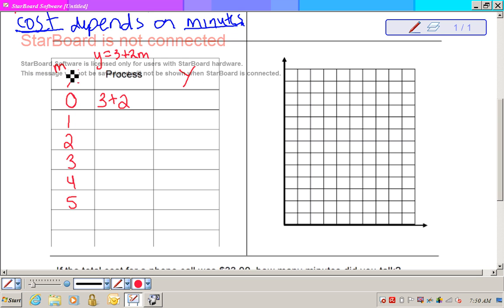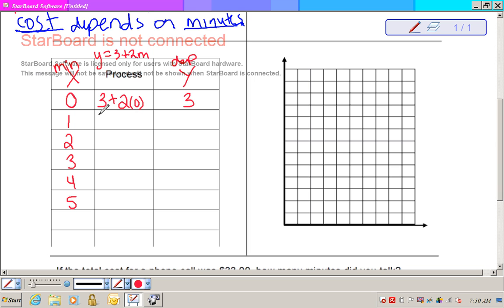X is our minutes, our independent, and Y is our dependent, the total cost. So $3 plus $2 for 0 minutes. 0 times 2 is 0, so 3 plus 0 is going to be 3.